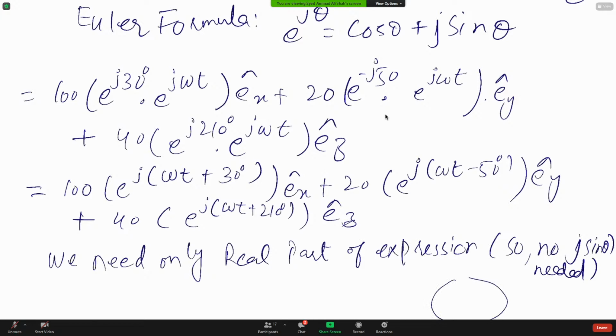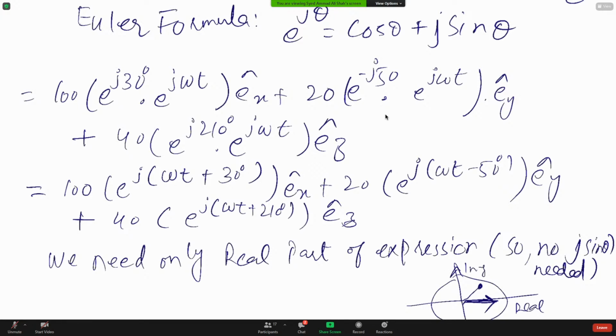Let's say you have a point here, so now you cannot express it with cos theta only, you express it with j sine theta as well. But in our case, we don't have any imaginary part. We express our light equation with only this real part. We don't need this imaginary part.